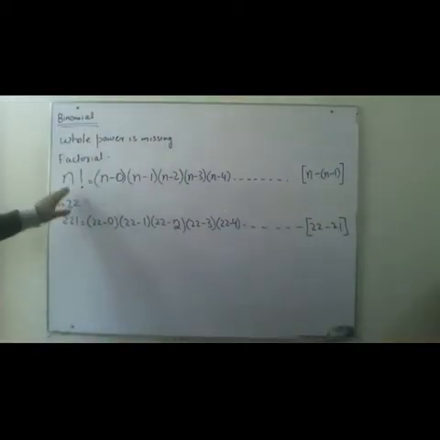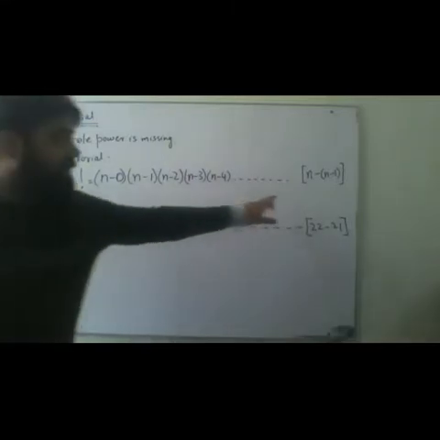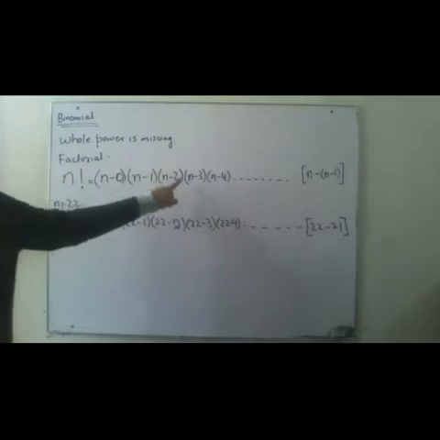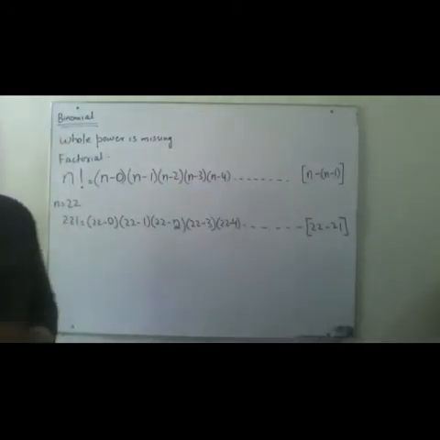Okay, so when we are going to expand this thing, we always expand it like this one. First of all, subtracting 0, then 1, then 2, 3, 4 till your last term. Okay.